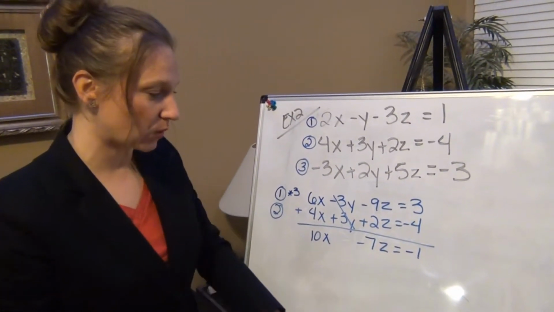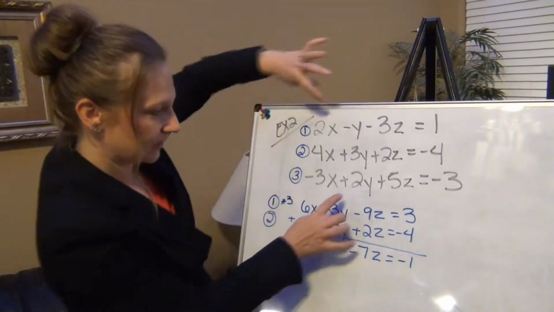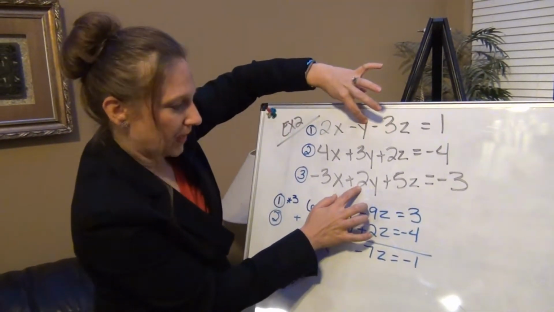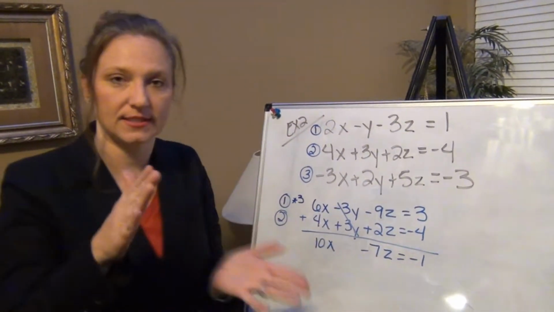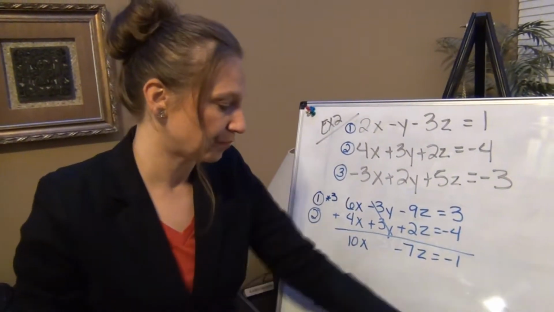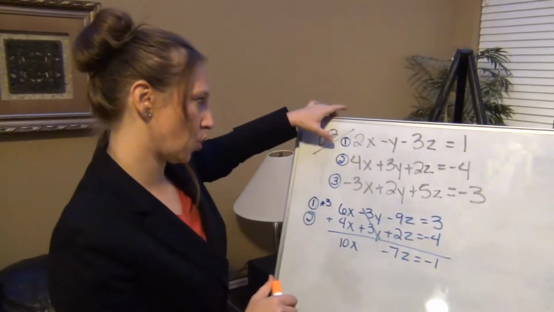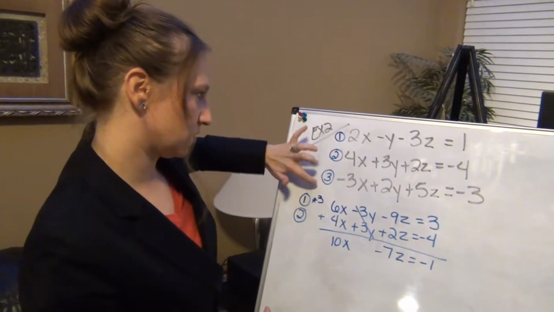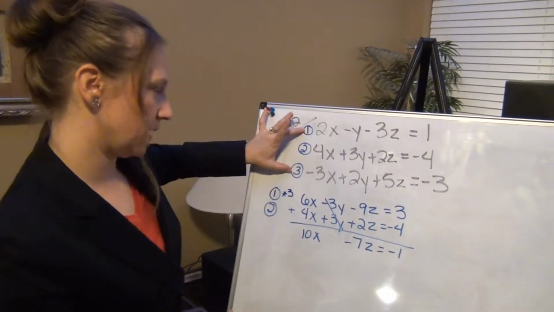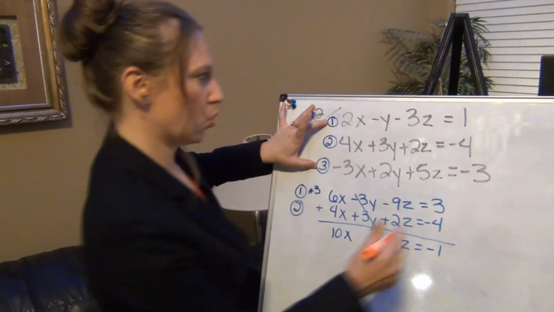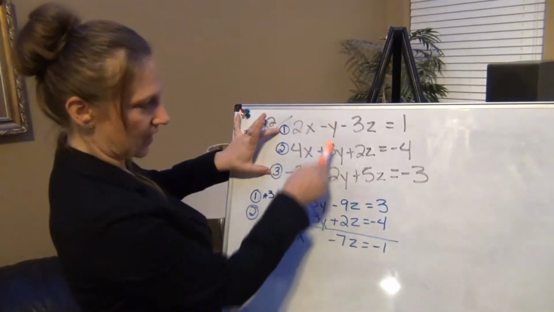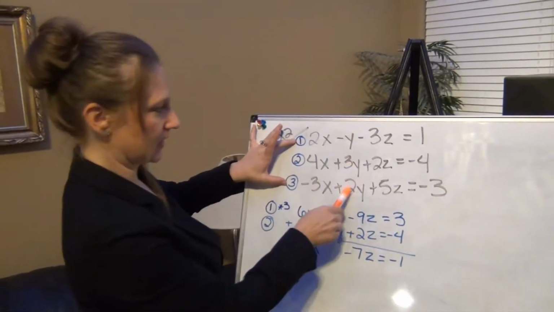What I want to do is I want to eliminate a y again using these, because then I'll have an x and z system that I can put together and solve. So this time I'm going to take row, let's see, I was going to do 1 and 3. So I'm going to multiply row 1 times 2 this time. My goal is to get these y's to cancel.